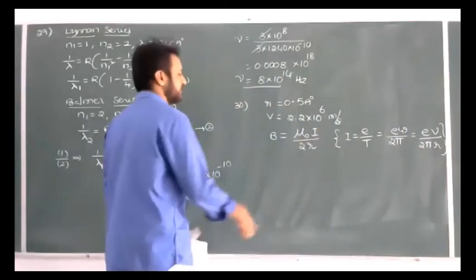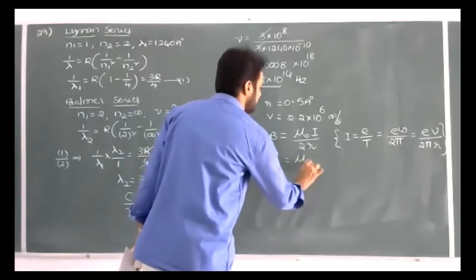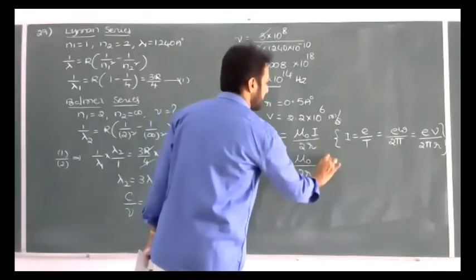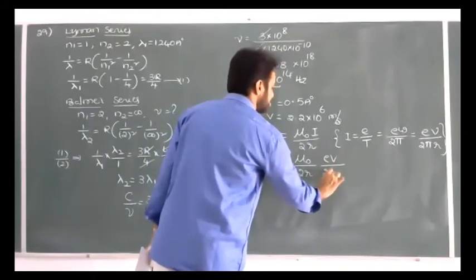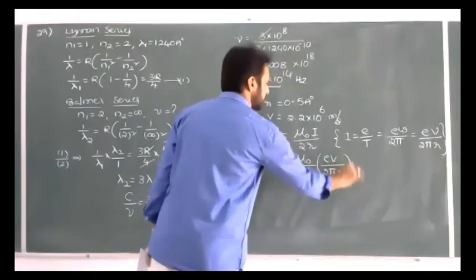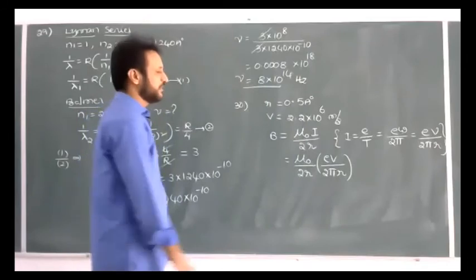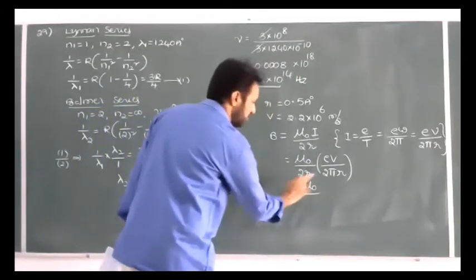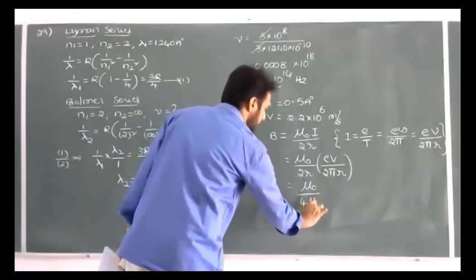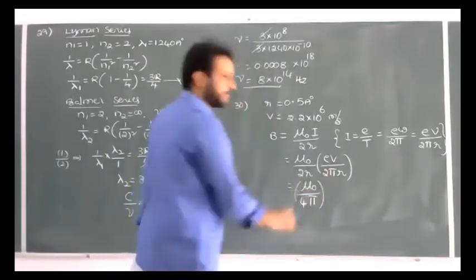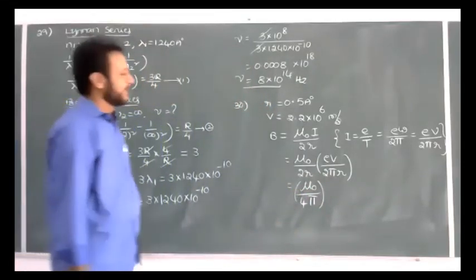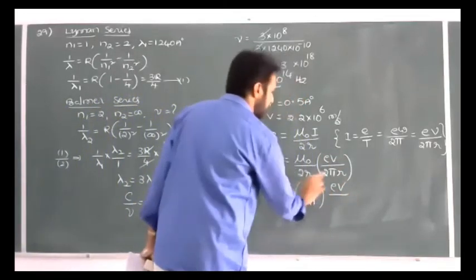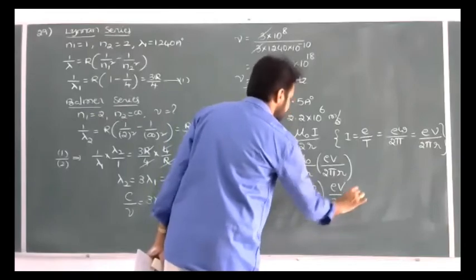Now substitute here: mu naught by 2R, and in place of I, e v by 2 pi R. That is equal to mu naught divided by 2 into 2 pi, meaning 4 pi. Mu naught by 4 pi is a constant value, into e v by R into R, which is R square.